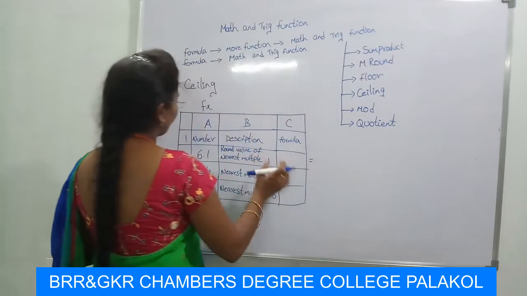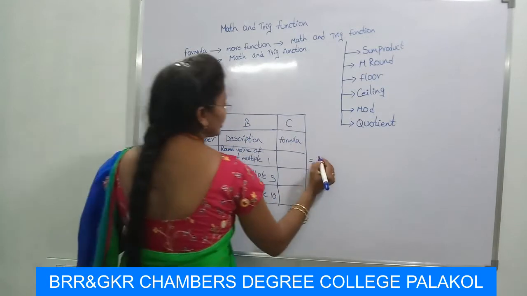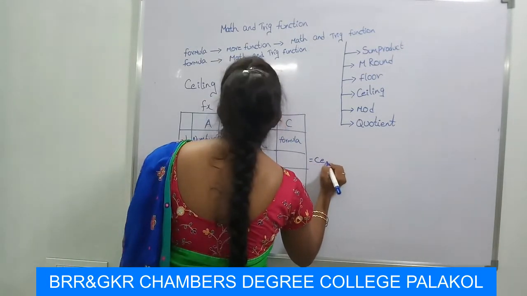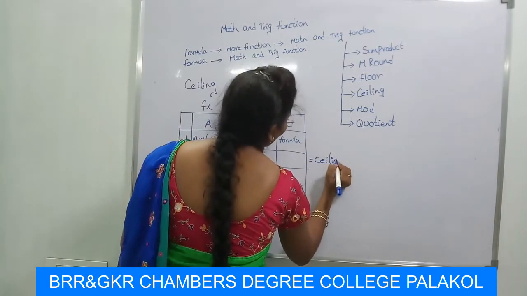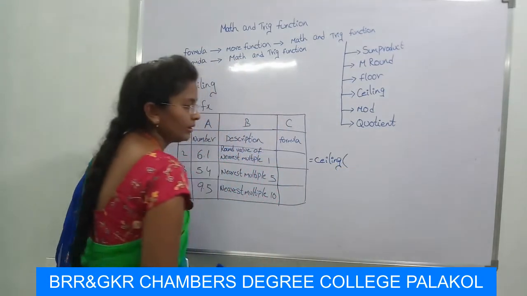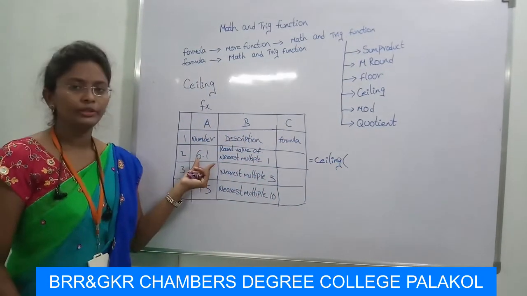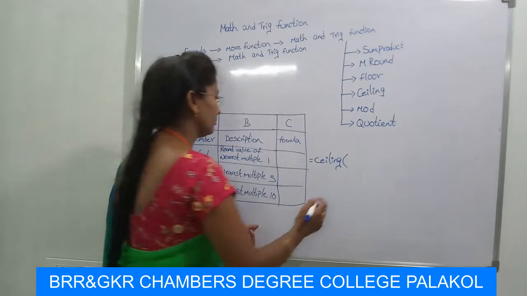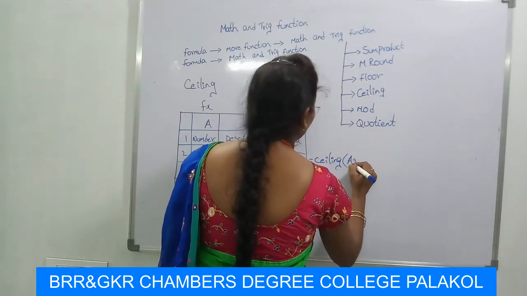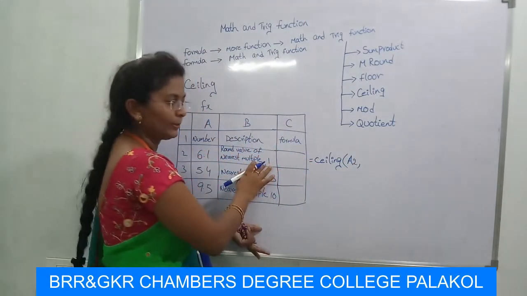In the CEILING function, here we have to write CEILING, and the cell is A2, comma, multiple is 1.